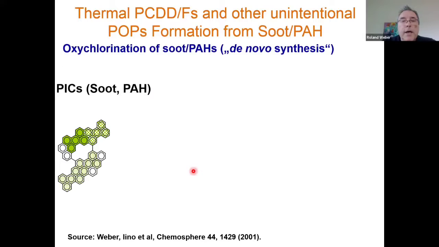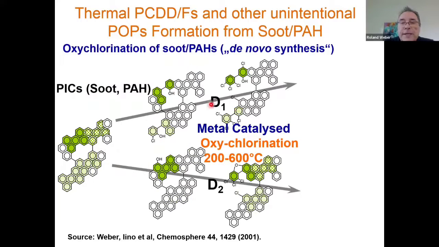So coming to only one slide about dioxin formation. We said we have thermal sources, and these thermal sources emit soot and polyaromatic hydrocarbons. The soot, everybody knows, is the black smoke coming out of the cars and the chimneys. So this is the chemical structure. And when you have thermal processes with metals and chlorides, then this soot is oxidized and substituted by chlorine.